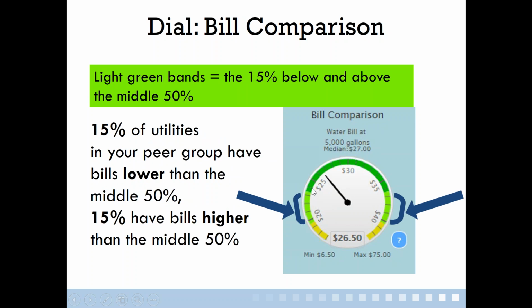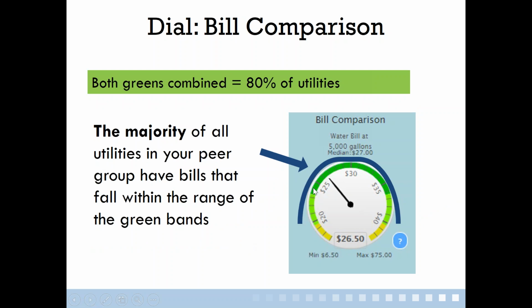And this is for bills that are a little bit lower and a little bit higher than what the median is. So, not quite in what everybody else is doing, maybe something to consider, maybe they need to raise their bills a little bit, maybe they have some affordability concerns over here. But that's what the light green bands mean.